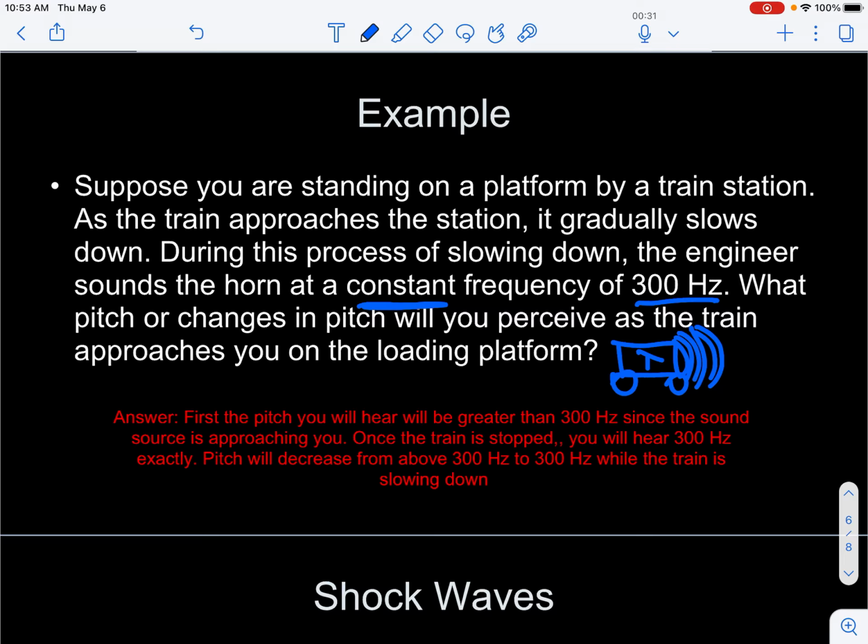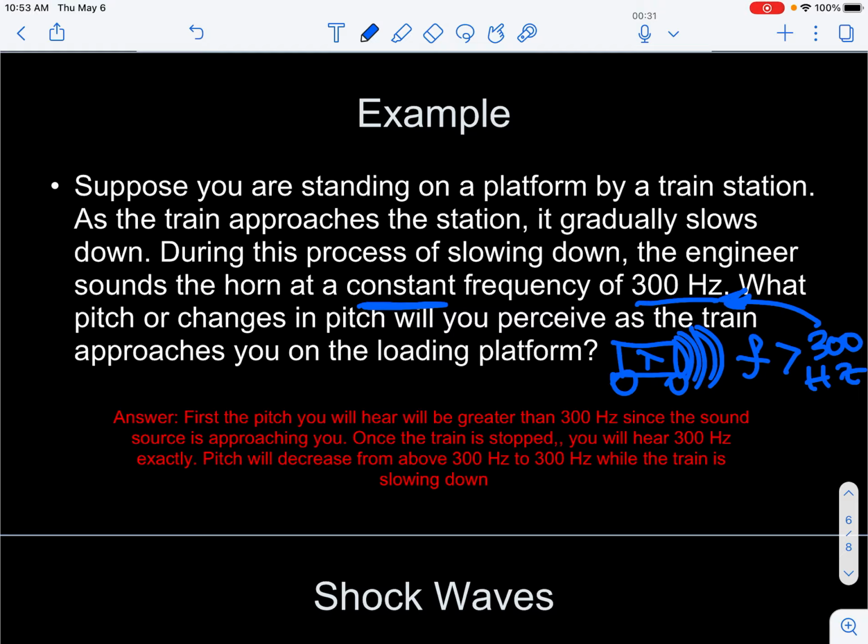As it's approaching us, we are going to hear a frequency that is greater than 300 hertz. That 300 comes from the constant frequency that he is putting out. So it's going to be greater than 300 hertz as it's coming towards us.